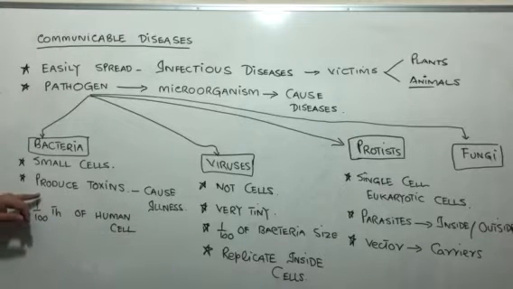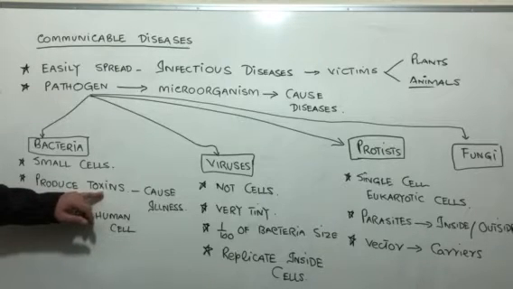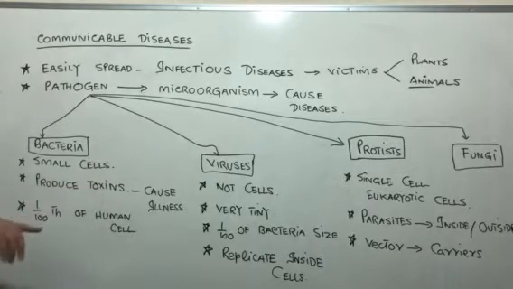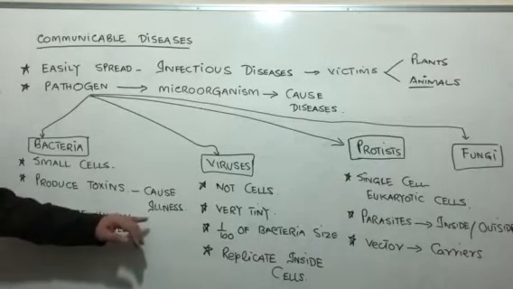When they enter the body of a living organism, either plants or animals, they produce toxins, poisonous materials, and these toxins damage cells and tissues and ultimately cause illness inside the living organism.